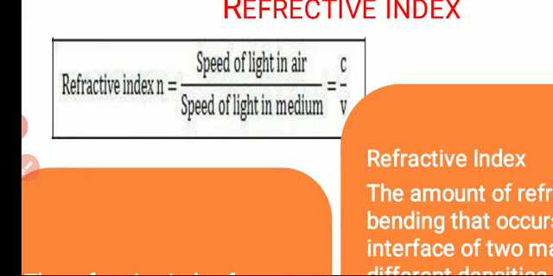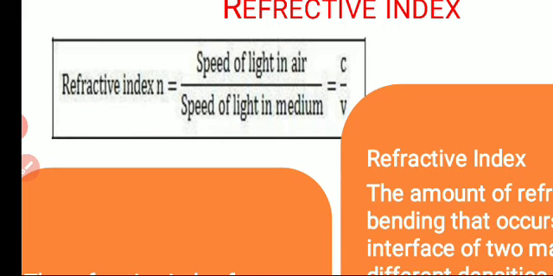Then if we transmit the same light in a particular medium, it has a different velocity. So how much is the speed of light in air to how much is the speed of light in the medium? This ratio c by v decides the refractive index value.